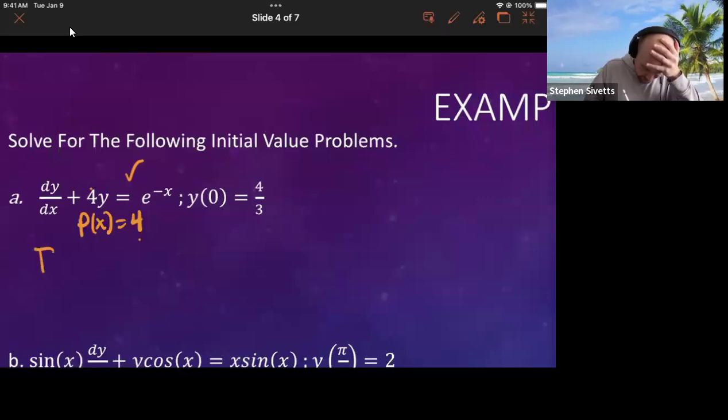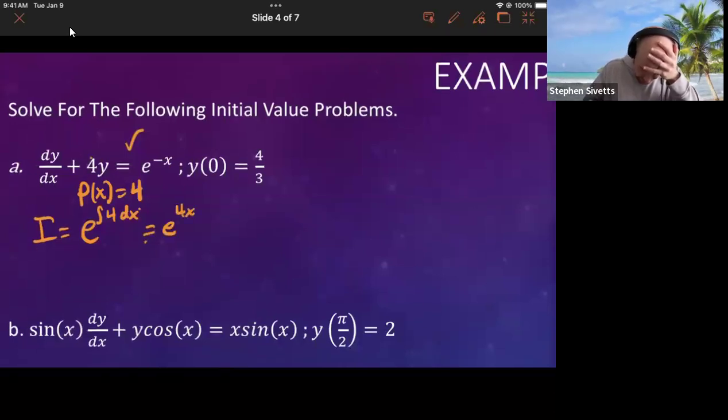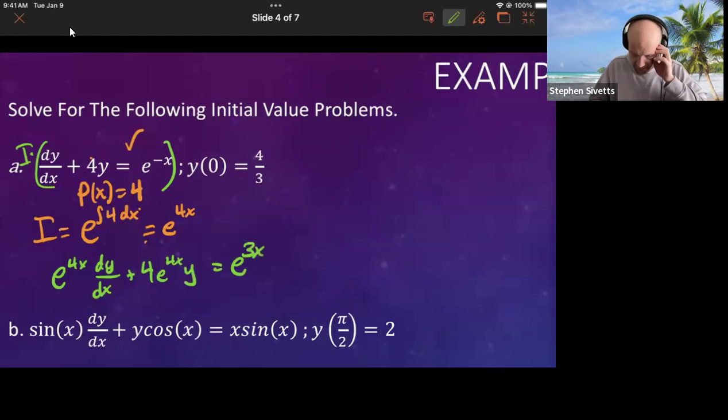And so we have this integrating factor, e raised to the integral of 4 dx, which equals e to the 4x. If we multiply both sides of this equation by the integrating factor, we'll have e to the 4x dy dx plus 4 times e to the 4x times y equals, in this case, e to the 3x, just adding exponents.